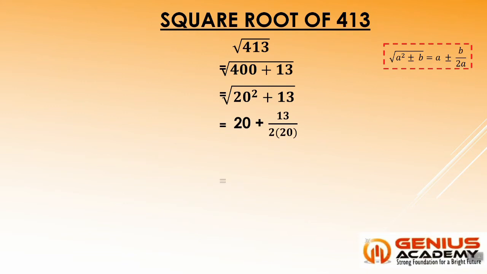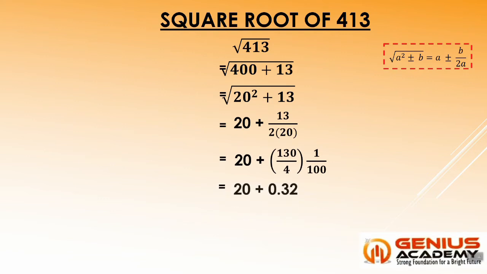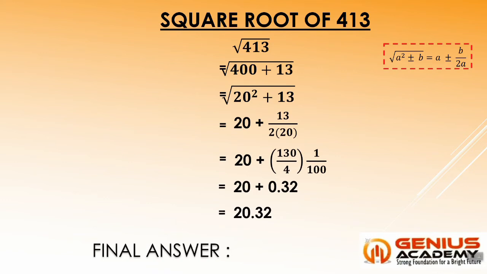Now in this case we already have a 0, so we will multiply and divide by 10. So now we have 130 upon 4 into 1 upon 100. 130 upon 4 is 32, divided by 100. So we get 20 plus 0.32, which is equal to 20.32. So our answer is the square root of 413 is equal to 20.32.